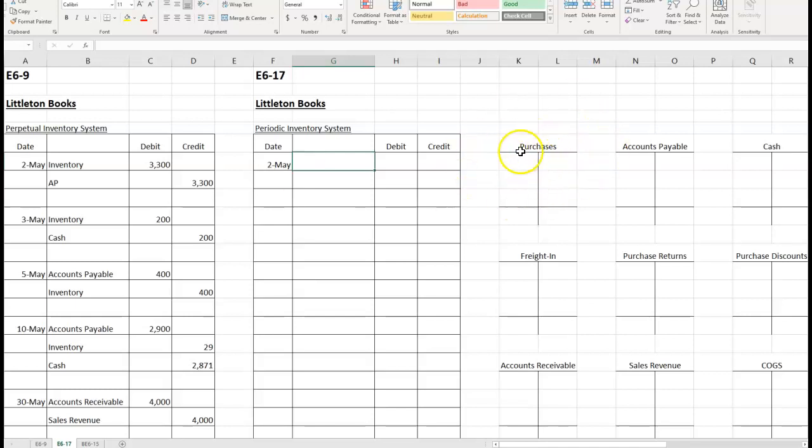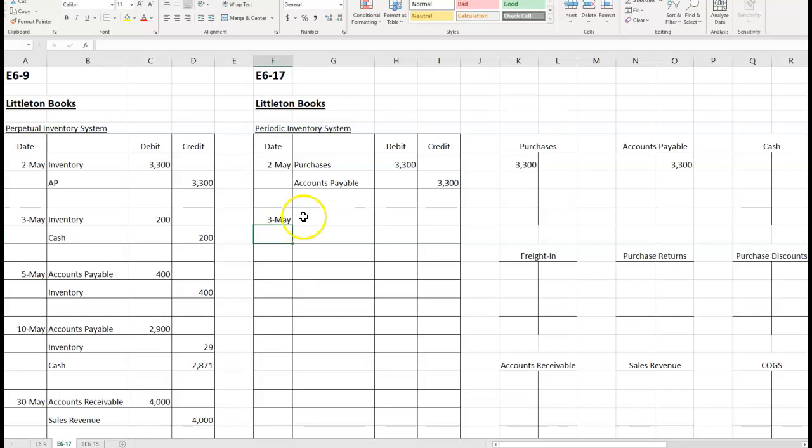Now we'll use this purchase account. So instead, we'll debit purchases for $3,300 and we'll credit accounts payable for $3,300. So let's post those, $3,300, $3,300.